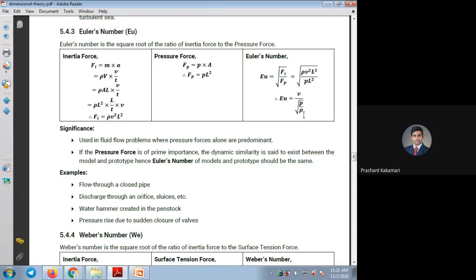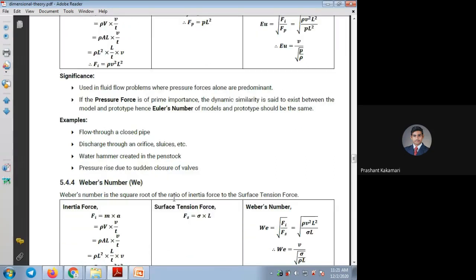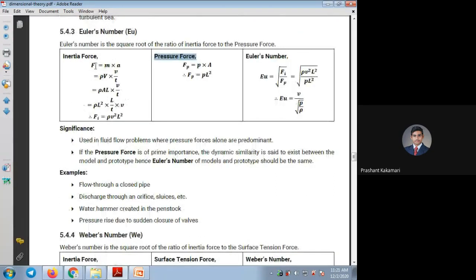Where this is used: already you have seen Euler's equation and Bernoulli's equation. You have studied the different heads, due to pressure, due to kinetic forces, or kinetic head. In such cases, where the pressure force affects the fluid flow or fluid properties, we use the Euler number. Again, for model and prototype, this Euler's number should be satisfied.